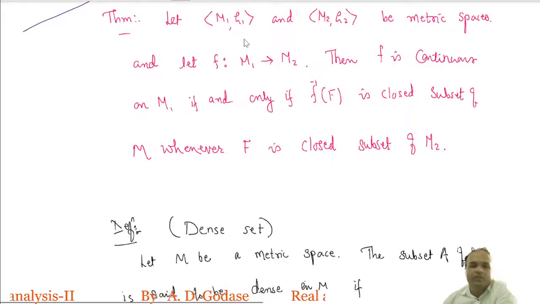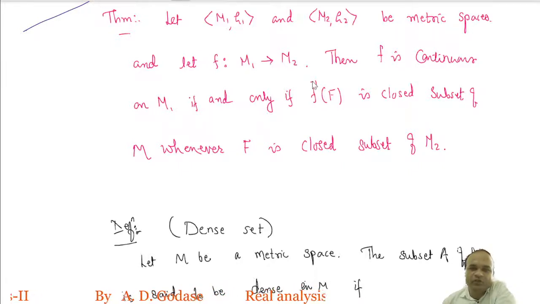Let M1 and M2 be two matrix spaces, and F is a mapping from M1 to M2. Then F is continuous on M1 if and only if the inverse image of F is a closed subset of M1 whenever F is a closed subset of M2. This is the same theorem which we have just seen for open sets.